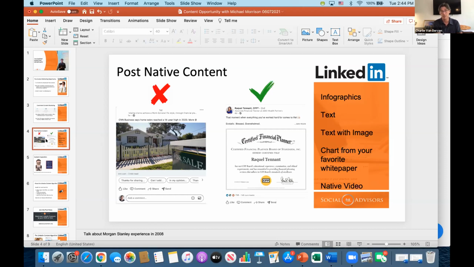So this post on the left, which is a link to an article on CNN, was posted 1 week before I took the screenshot. You can see it didn't have any interaction. It had no likes, right? And part of the problem is that's just not interesting content for people. But the other part of the problem is, because it links people away from LinkedIn, because this particular user is doing their best to drive traffic to CNN.com, LinkedIn doesn't want to show that content to anybody.